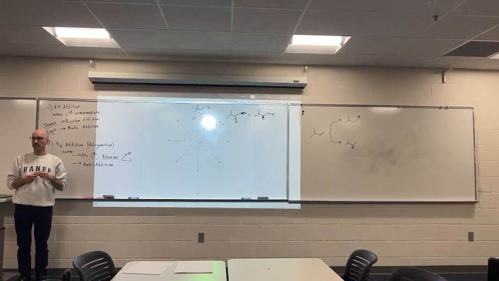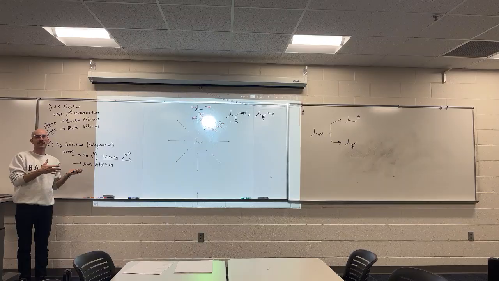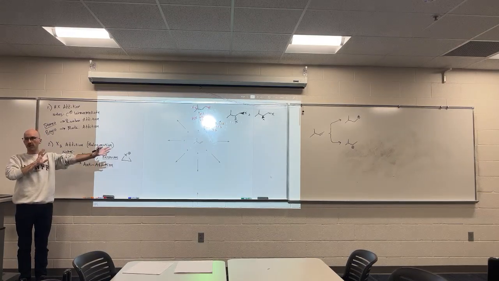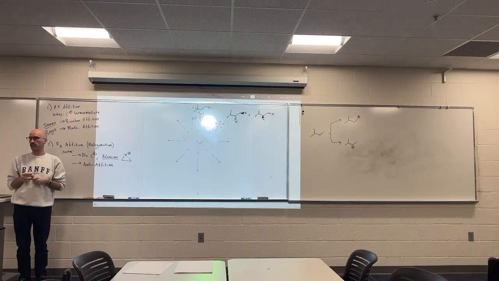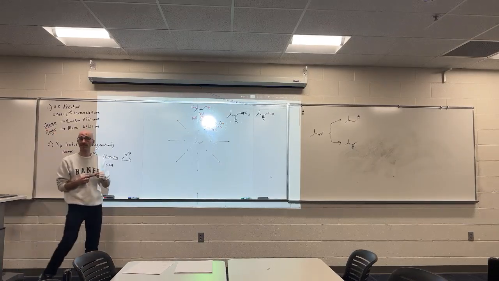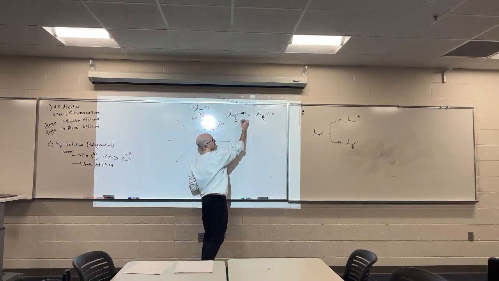That seems feasible, does it not? So how can we represent that in a little bit of a shorter way? Rather than drawing both anti-addition structures, I could just draw one and then say racemic.